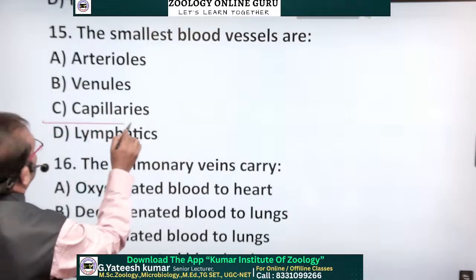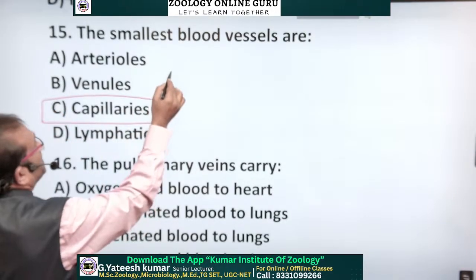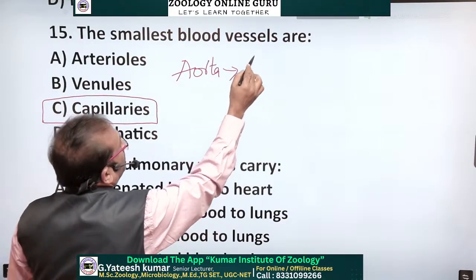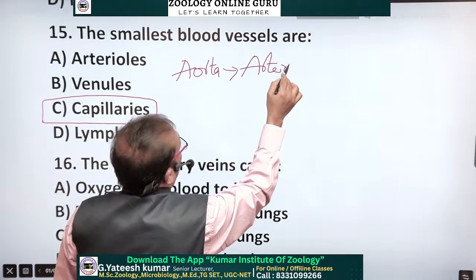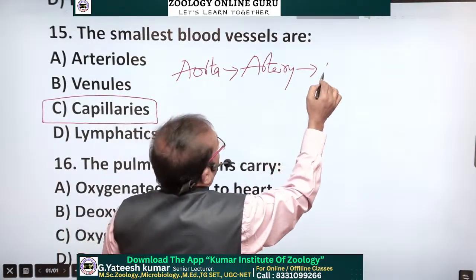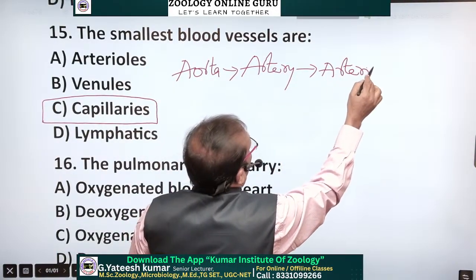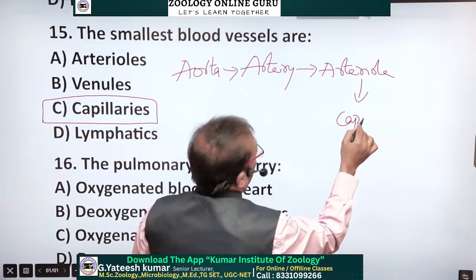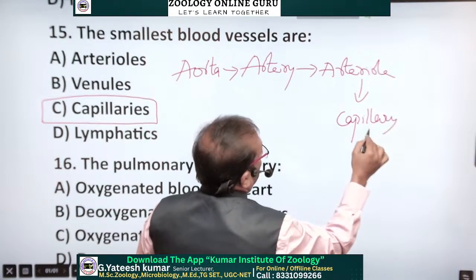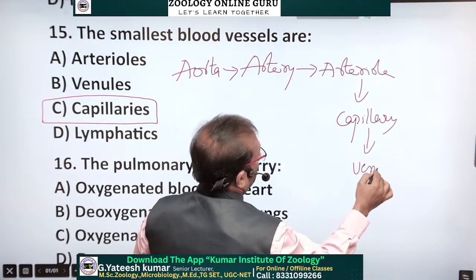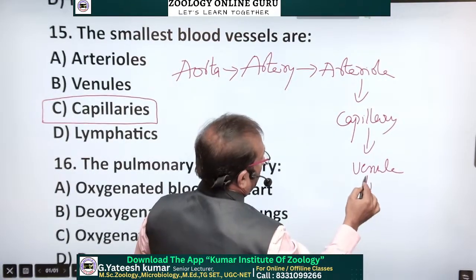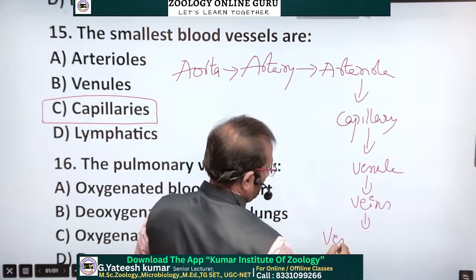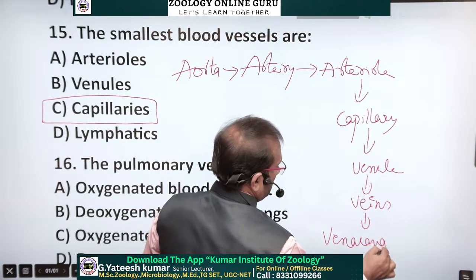Just now we discussed it: aorta converted into artery, then into arteriole, then into capillaries, then capillary converted into venule, venule into veins, veins into vena cava.